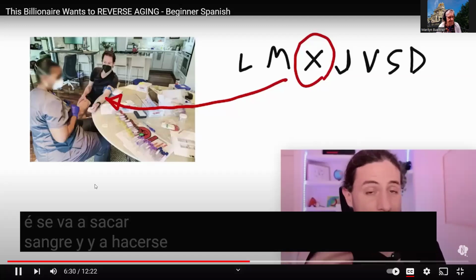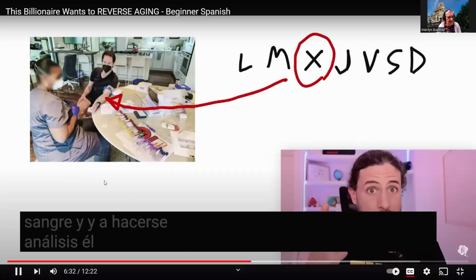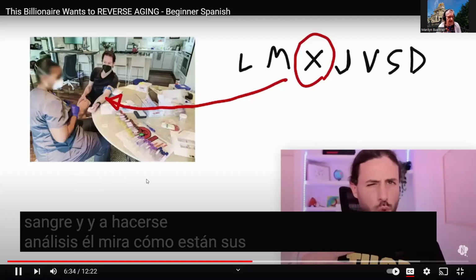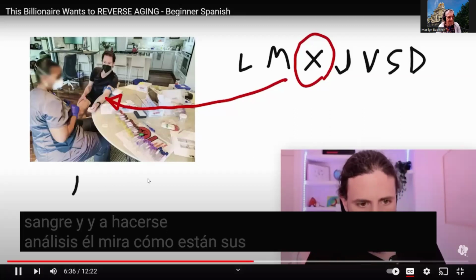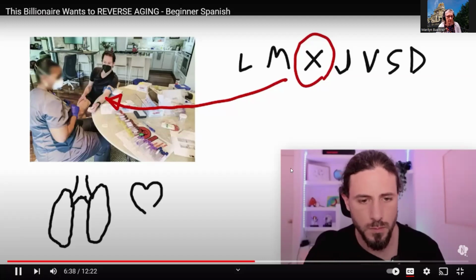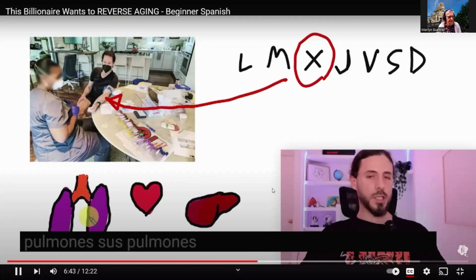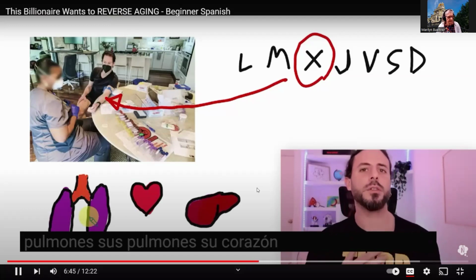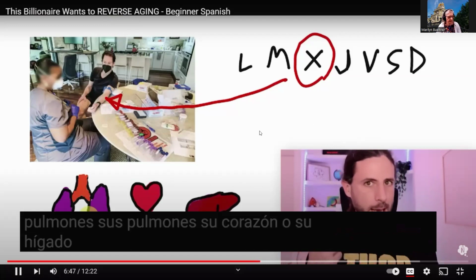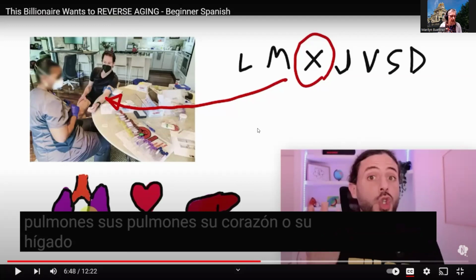Y a hacerse análisis. And he has himself analyzed. Él mira cómo están sus pulmones, he looks at how his lungs are, sus pulmones, su corazón o su hígado. Okay.